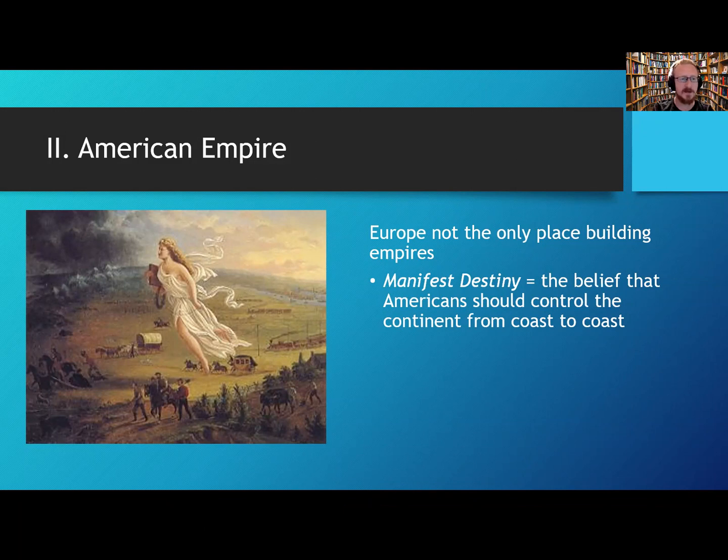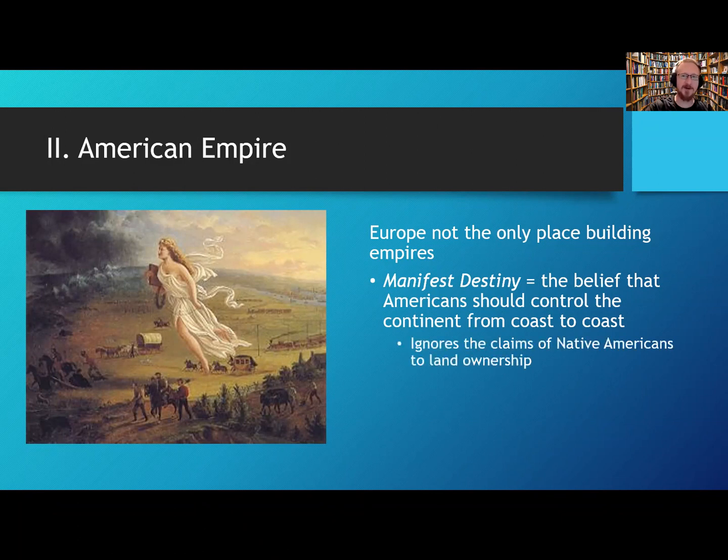And this idea is called manifest destiny, that Americans should dominate the North American continent from coast to coast. At one point, we had aspirations about invading Canada a few different times, annexing Canada. It never really worked out.